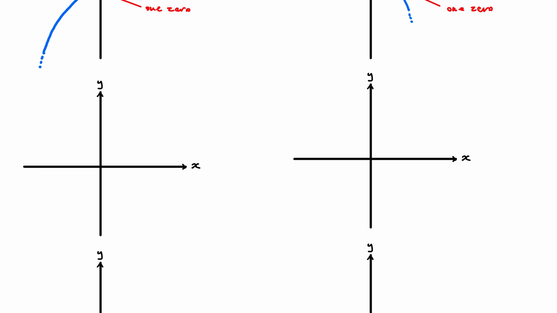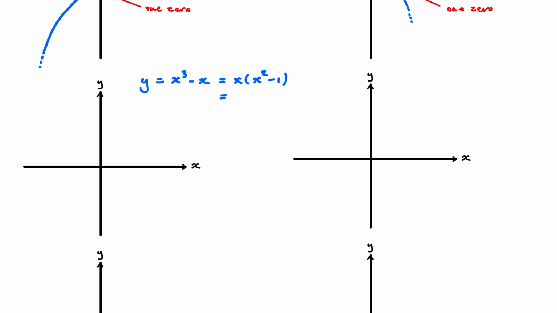So let's do y is equal to x cubed minus x, shall we? And just to say something about this, we can factor this. This is equal to x times (x squared minus 1).